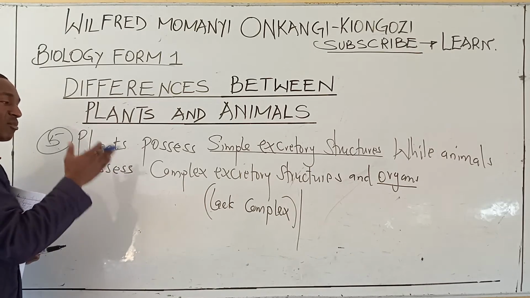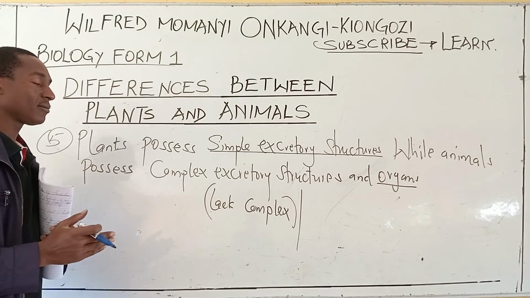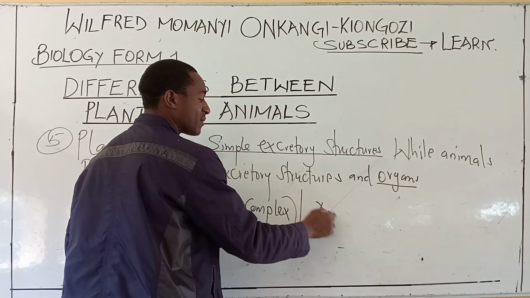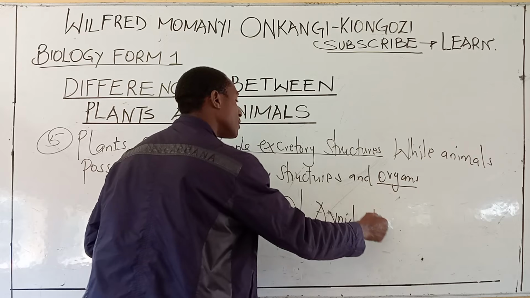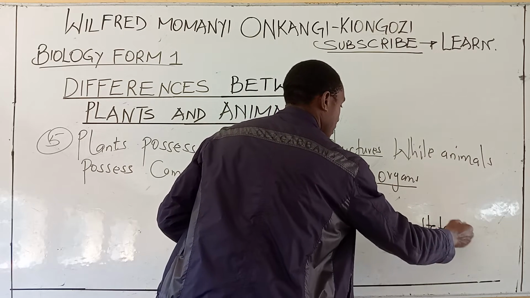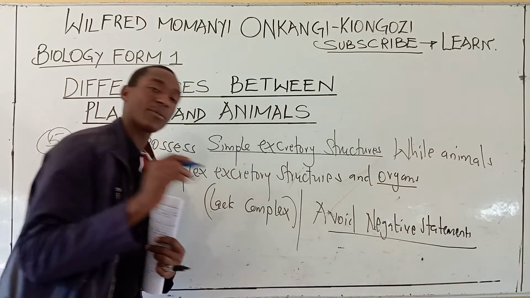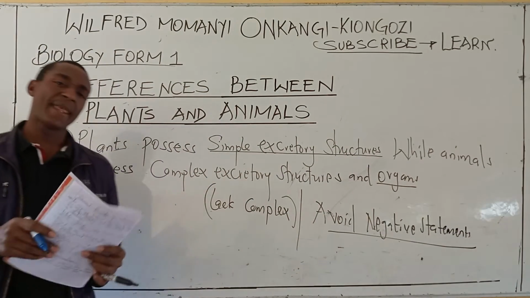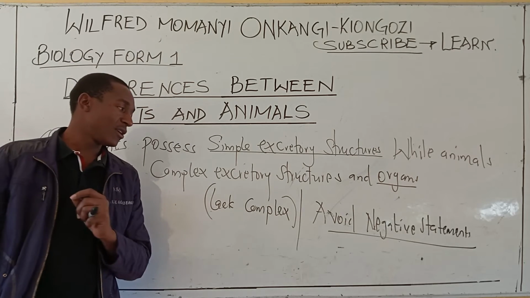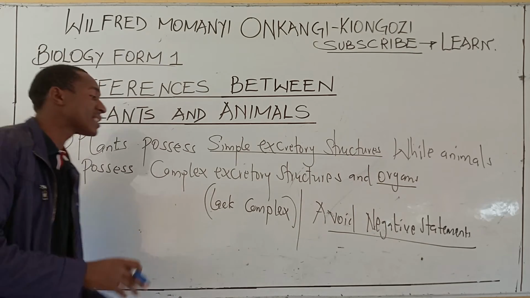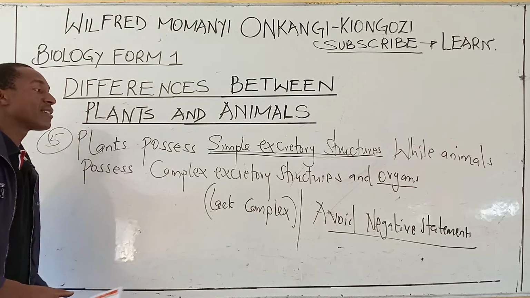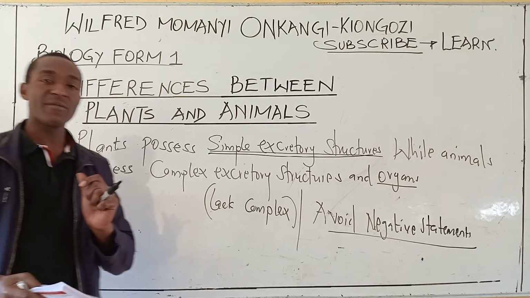Instead of saying plants do not have complex excretory structures or organs, we should avoid negative statements, because if you say plants do not have complex excretory structures, what do they have? You should struggle to tell us what exactly they have, and in this case we are saying they have simple excretory structures.